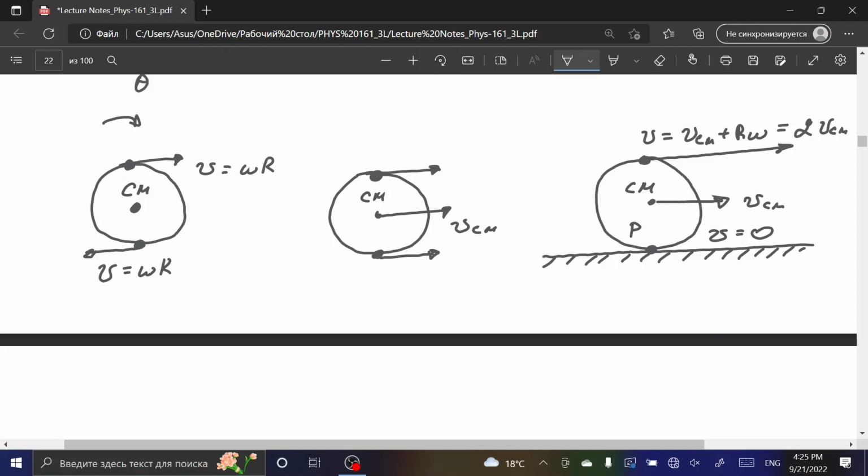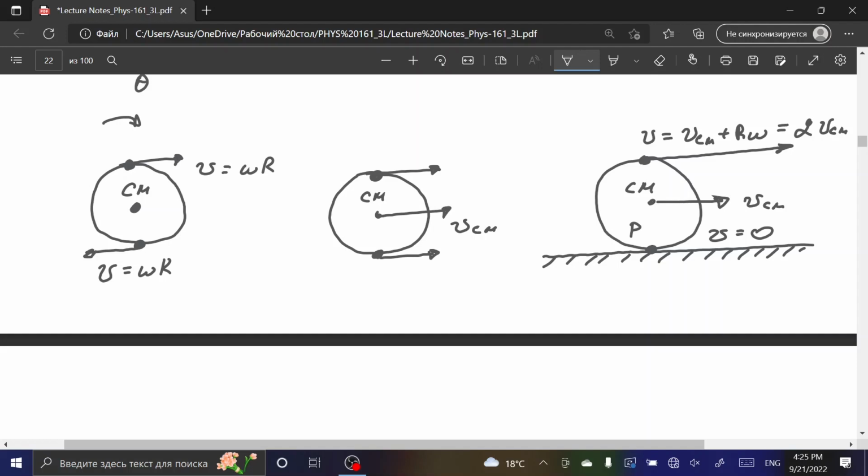We keep in mind that we have separate translational and rotational motion. We consider rotational motion with respect to the center of mass, and that's eventually the distribution we get. But we can consider this rigid object to rotate about an axis which goes through point P. At every moment of time, it will describe the combination of both rotational and translational motion.